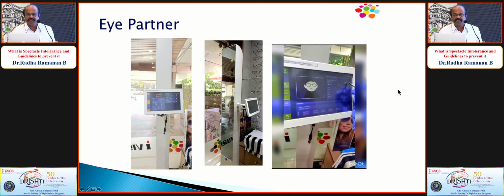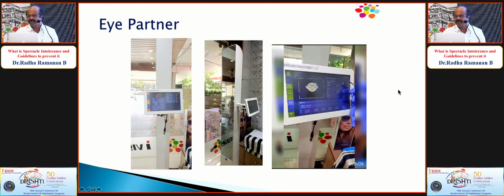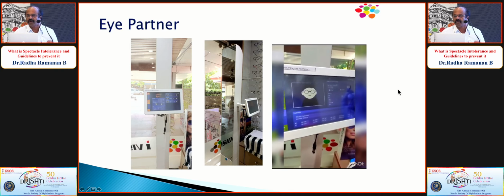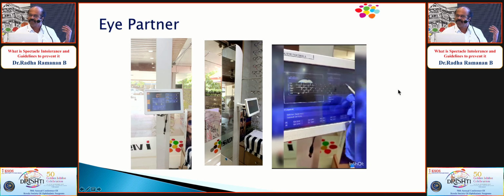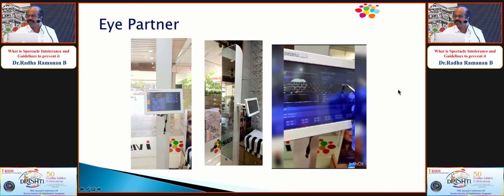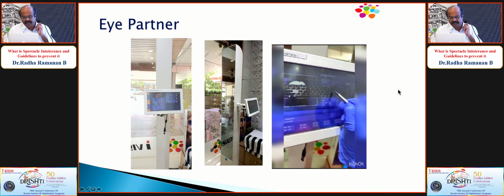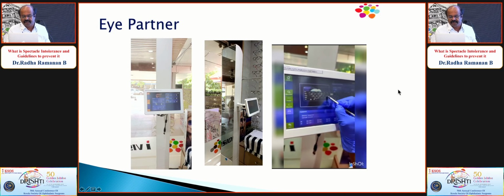Now the picture is changing. All these measurements were taken earlier with manual methods. Now the whole scenario is changing. You can get every measurement taken in different machines. I don't have any interest in this, but I tried it.